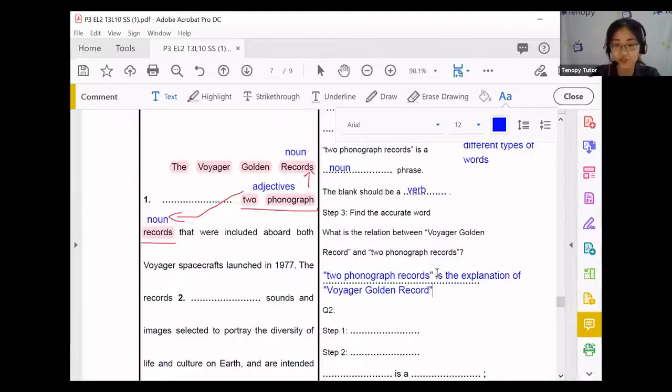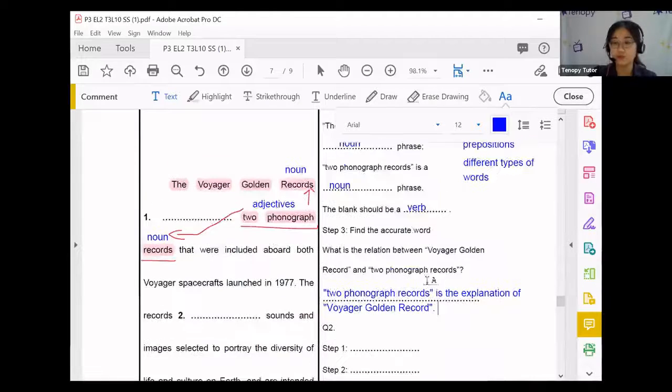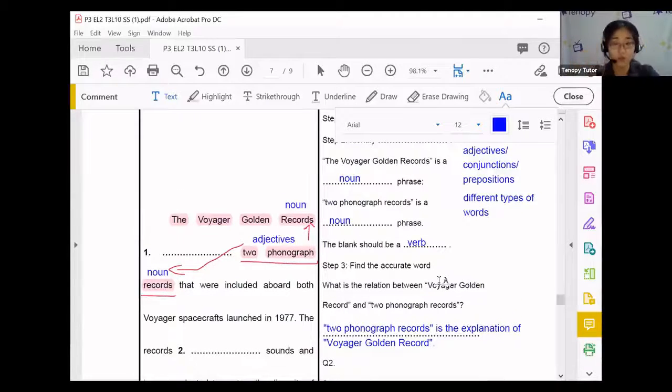As I have shown you in the video, there are two round discs, two golden records. Okay, so now that you know these two things are about the same thing, what do you think goes into that blank? Remember, we're looking for a verb.